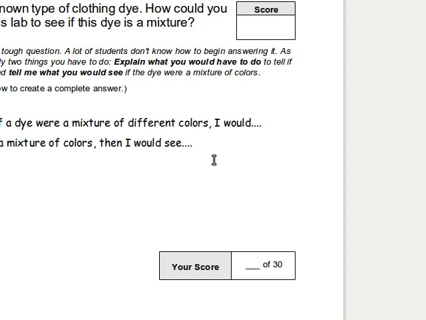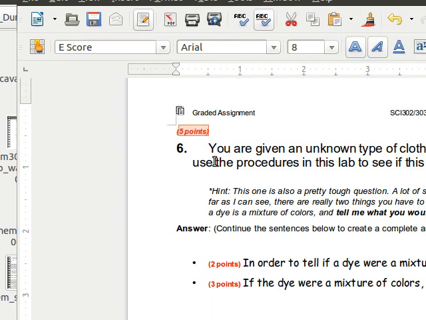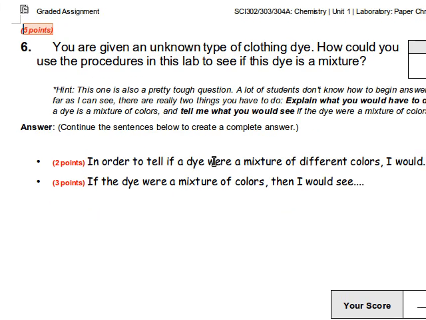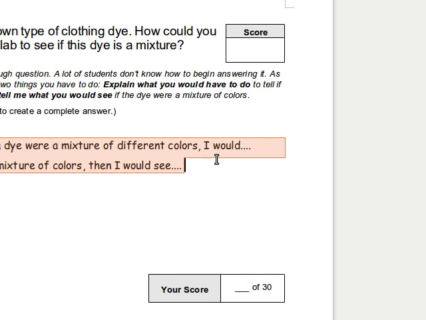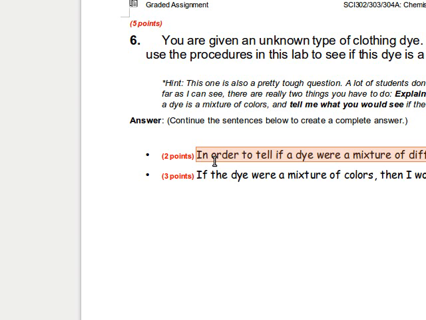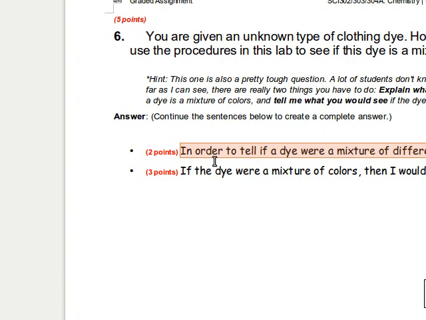Now, K12 in their infinite wisdom assigned 5 points to this question, and I'm going to break it down this way. If you tell me what you would do, I'm going to give you 2 points. Why only 2 points and not 2.5? I don't like fractions here. I'm going to give you less than the other part because in this one you're just telling me what you already did.